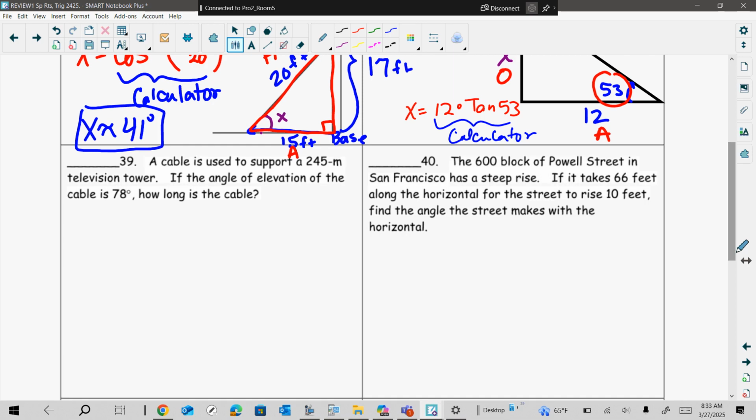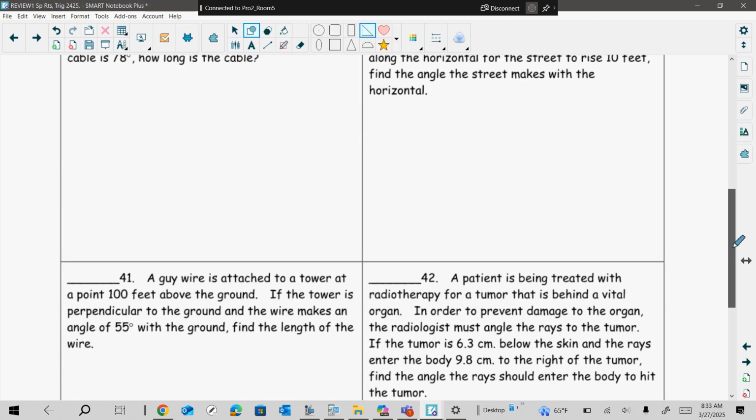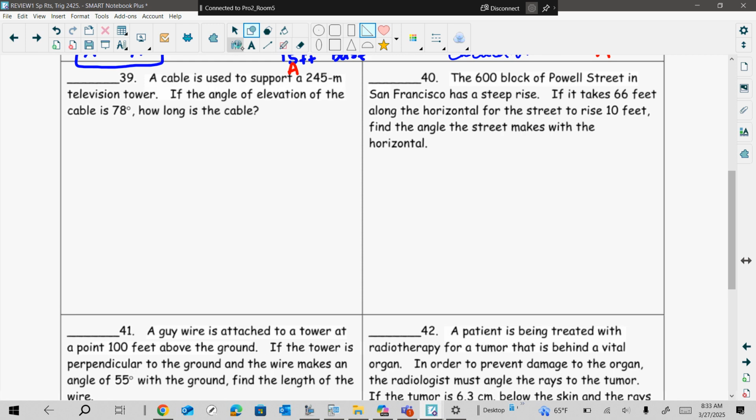All right, so same scenario here on 39. Got a cable supporting a tower with an angle of elevation at 78 degrees. So when you sketch, every time when you're drawing, if there's no picture, we should be using a right triangle. And it does not have to be to scale. So just draw a generic right triangle.